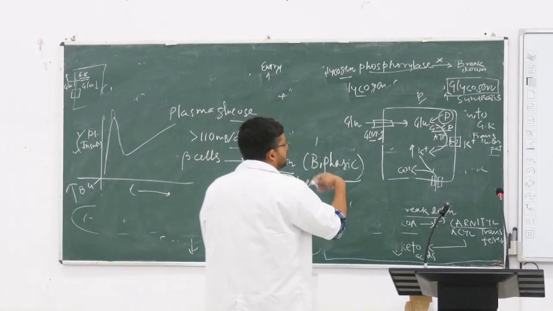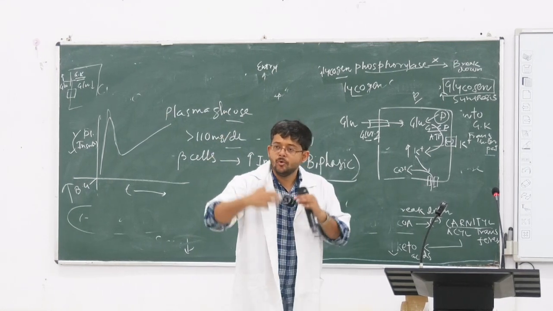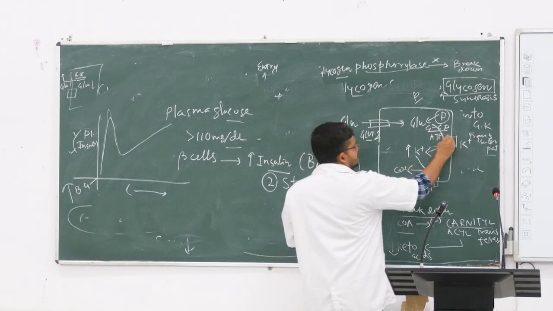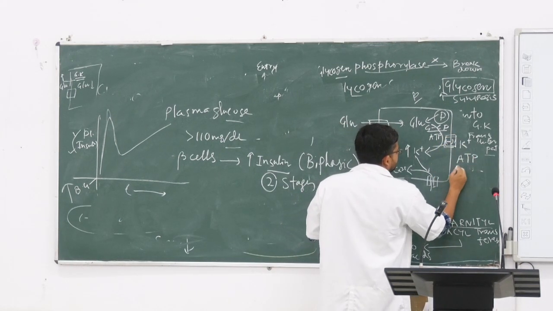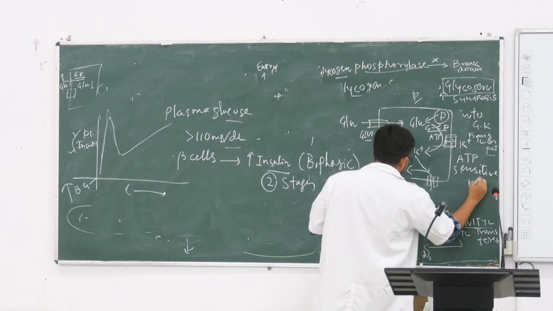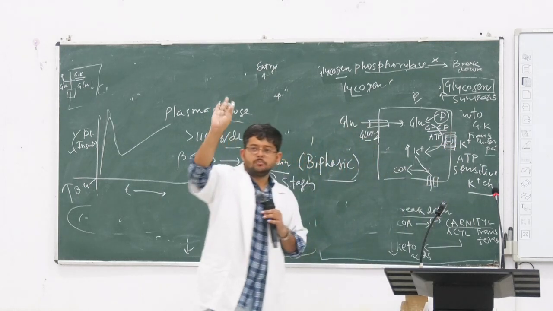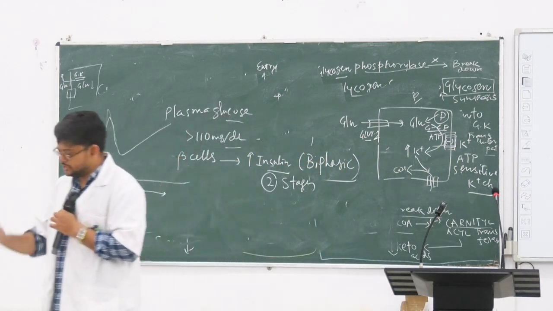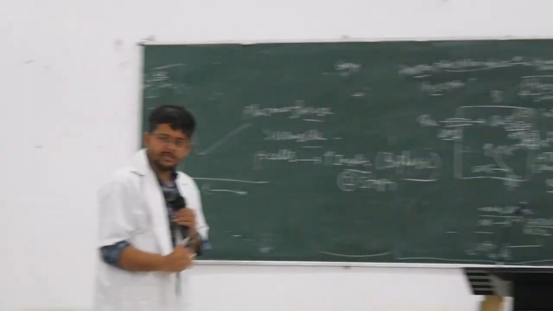The moment more and more ATP breakdown is happening, more and more ATP movement is happening, this ATP বন্ধ হয়ে যাচ্ছে। So the thing is glucose entry, glucose conversion into glucose 6-phosphate, increase ATP in the cell.